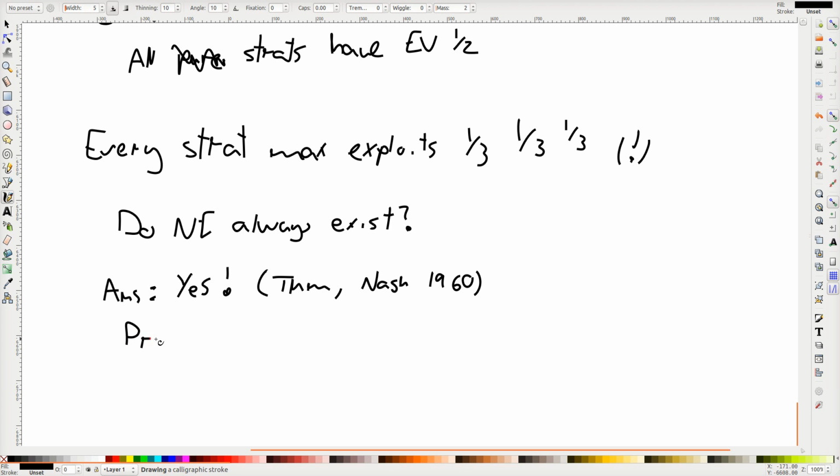And the proof, well, the proof is complicated, but there's a joke answer where von Neumann famously said that this was just a fixed point theorem.